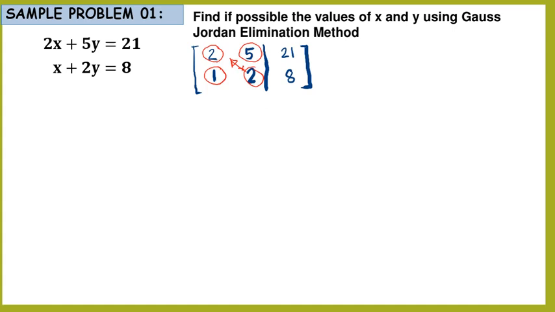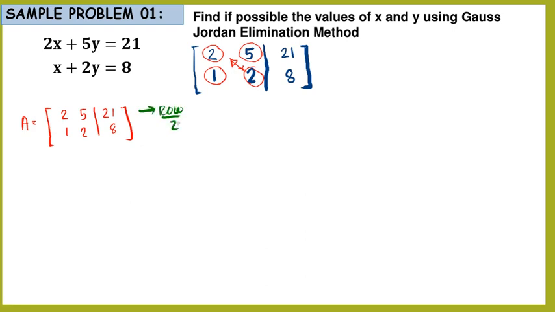So for our solution, the first thing we're gonna do is to make the element here equal to 1. So if we have here our matrix, we're going to make this 1. That's the first thing we're gonna do. And to make this element equal to 1, we need to divide by 2 sa ating row 1.